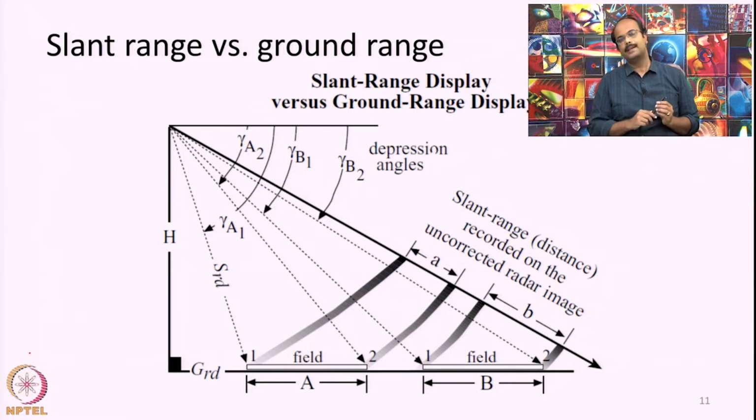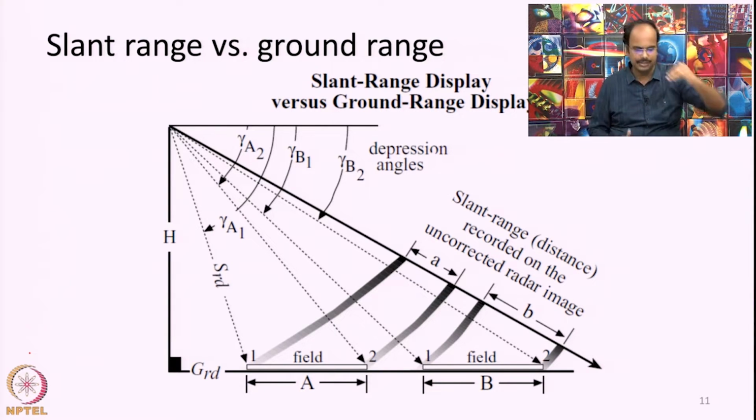So, I told you radar image basically works based on measuring the distance. The flight is flying, and it calculates the distance between different objects on the earth surface from this particular point. The distance is actually measured in what is known as the slant range. The radar is not looking at nadir, it is looking at some angle away from the nadir.